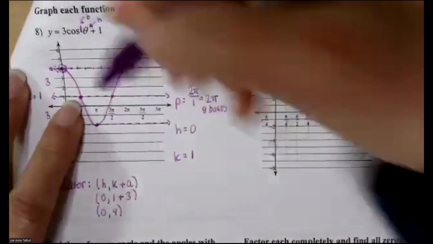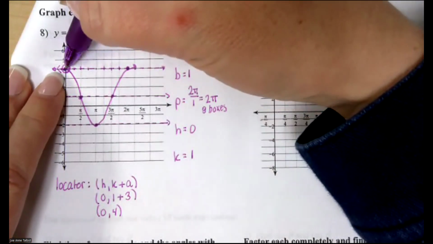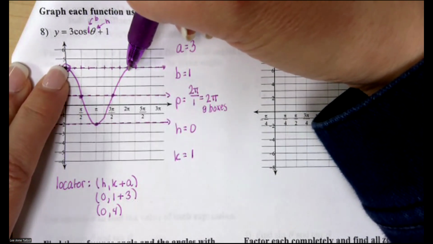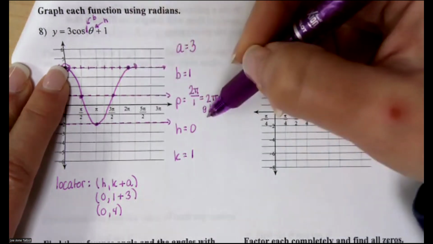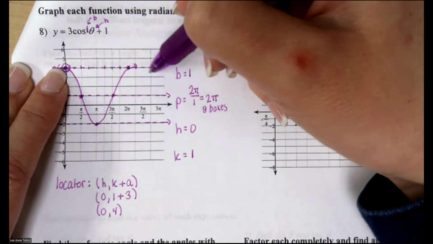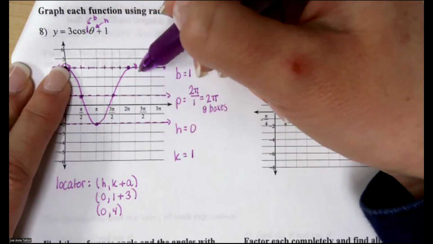Oh, so I started my locator point at 0, 4, and then I ended my wave 8 boxes away. It's just because I wanted to divide that by 4 so that I know where to put the next dots because they have to be evenly spaced.